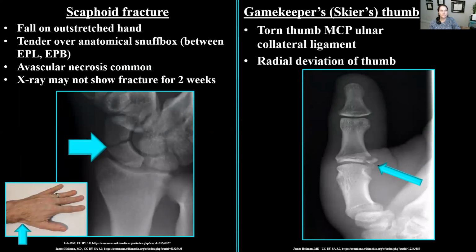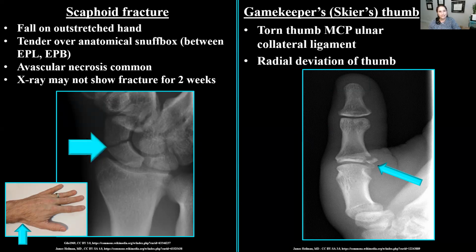Scaphoid fracture. A scaphoid fracture occurs due to a fall on an outstretched hand, and they'll have tenderness over the anatomical snuff box that you can see in that bottom picture there. The anatomical snuff box lies between the EPL and the EPB tendons. The reason that this fracture is so important is that if you miss this fracture, it can cause avascular necrosis because there's a very poor and fragile blood supply to that scaphoid.